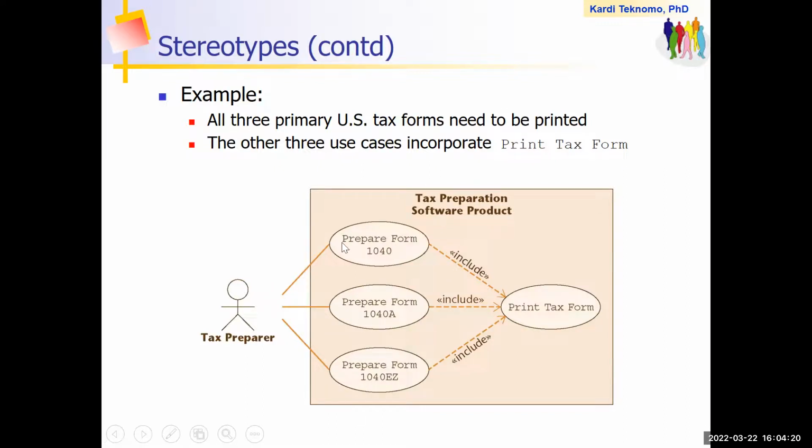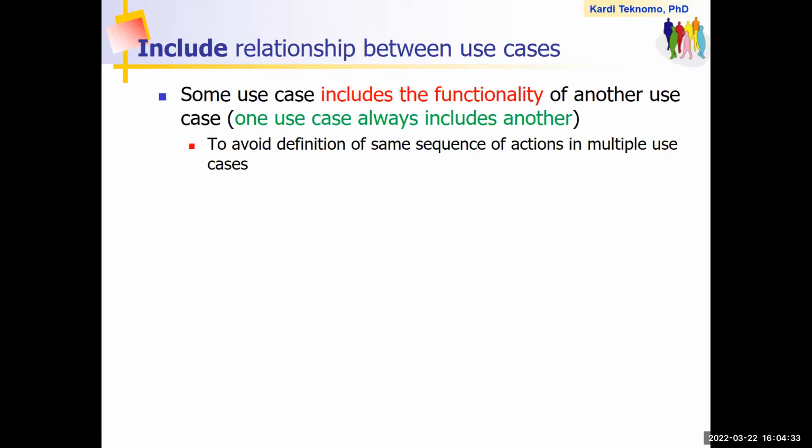And then each of these forms will include printing that form. So this is the use case diagram. So include relationship means that you will include that functionality in the other use case.